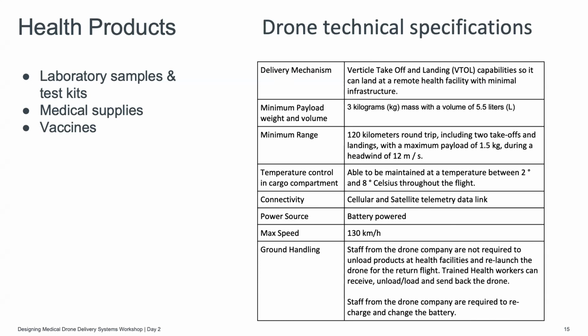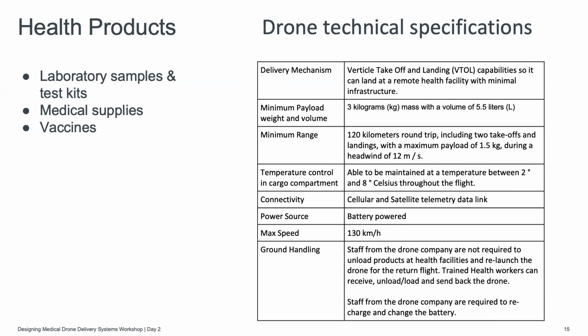But we know the mass volume of that compartment could be 5.5. The minimum round trip range for the drone is 120 kilometers, including takeoff and landings.